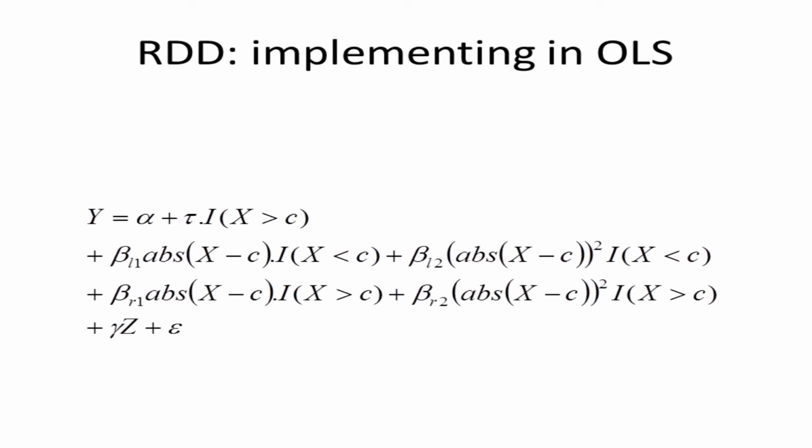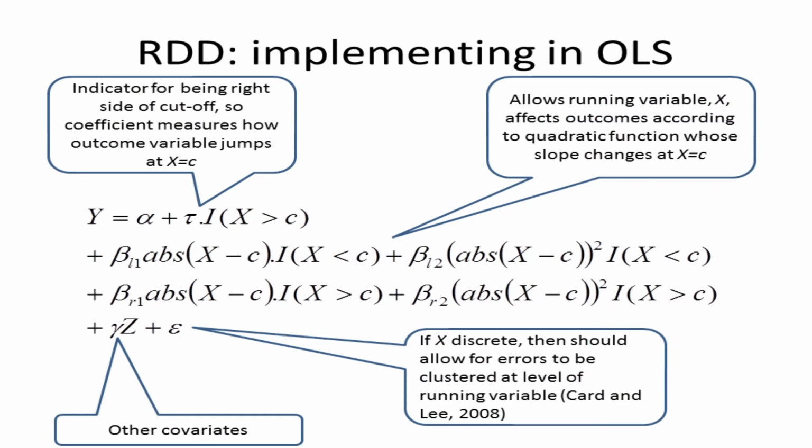So basically these 2 numbers, beta left 1 and beta left 2, are the 2 coefficients in the quadratic relationship for values of x below the cutoff, and beta right 1 and beta right 2 are the 2 coefficients in the quadratic relationship for x above the cutoff. So you might estimate an equation like this, and then all you care about is the parameter tau.